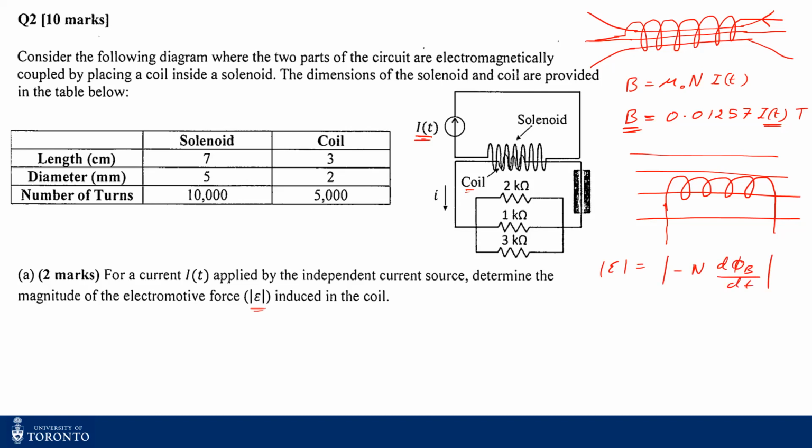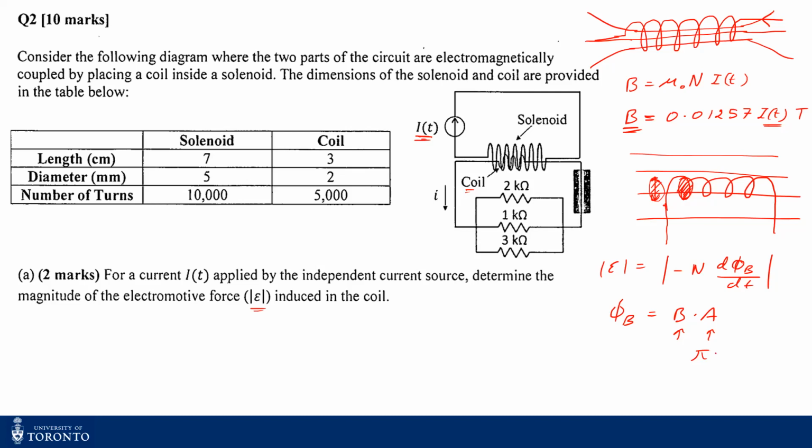Now, what's my flux? Flux phi B is just basically B times area, right? And we know the B, but what's my area? Area is the circular area of the smaller coil, right? The area of the coil is basically pi times r squared, right?